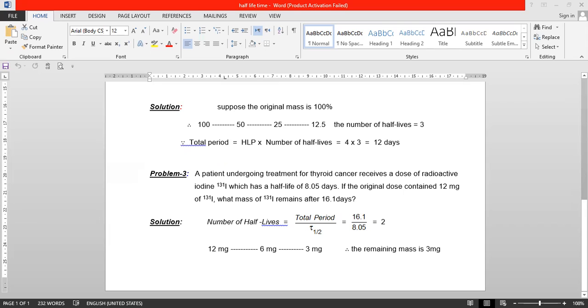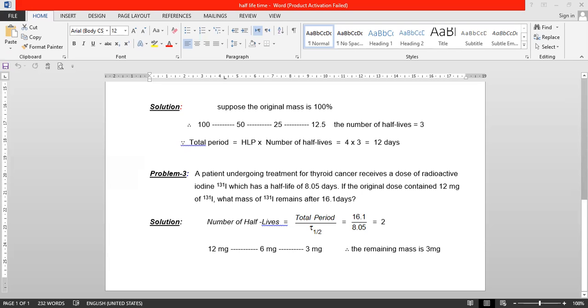This is what we mentioned before, that any radioactive element starts to decay by releasing radiation as alpha, beta, positron, and gamma. And during this decay, the atom disintegrates and changes into a new atom. So this is considered the first way of transmutation reaction.